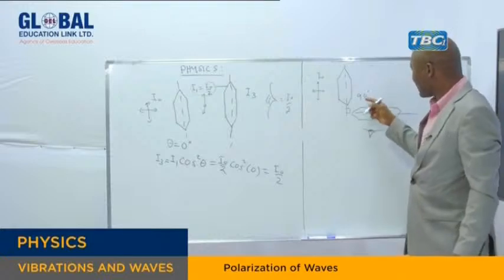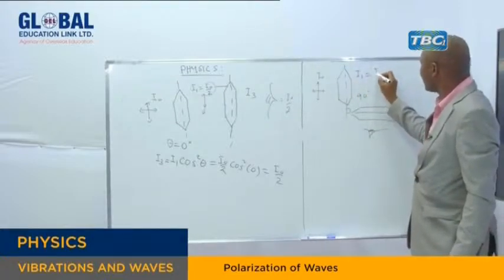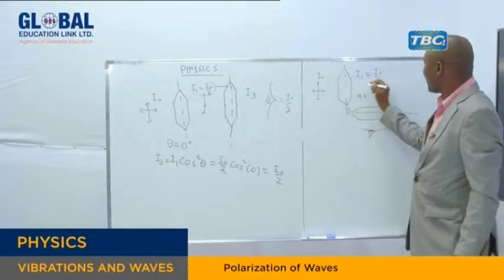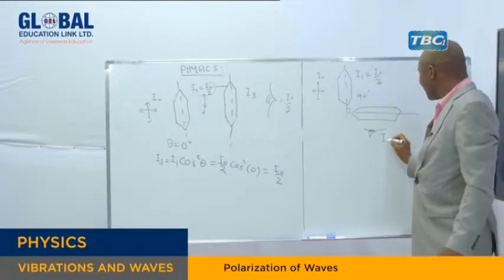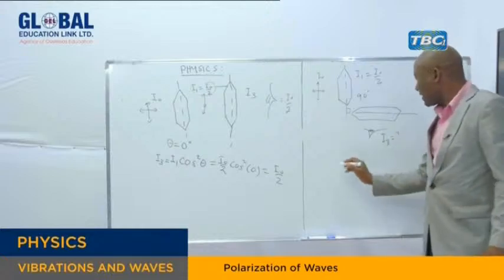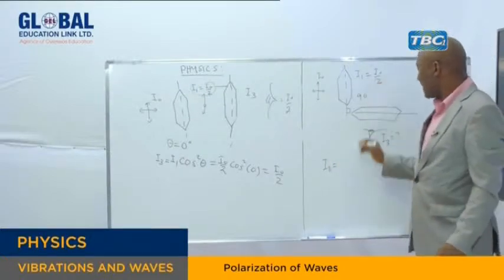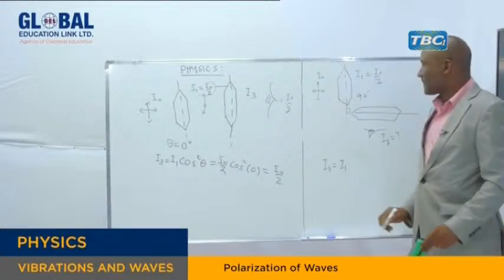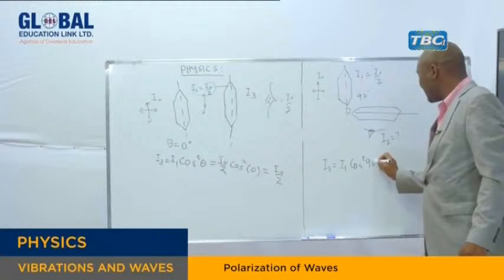Now here the angle is 90. So using the formula, let's take this as I1. We know this is I naught over 2. One of the components has been absorbed. How much will be transmitted here? This is I3. So I3 equals I1 cosine squared of the angle, which is 90.